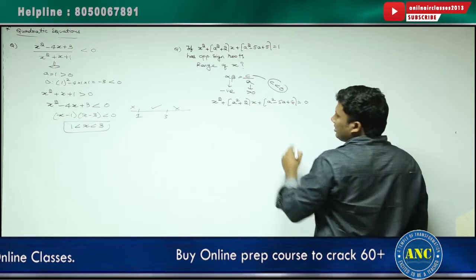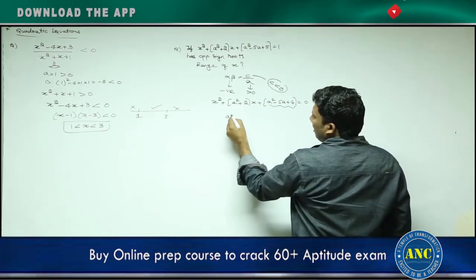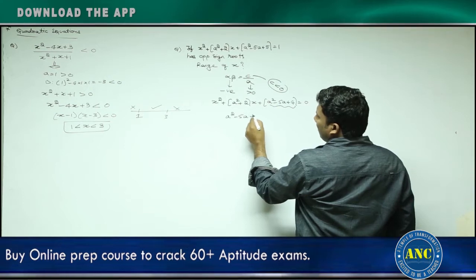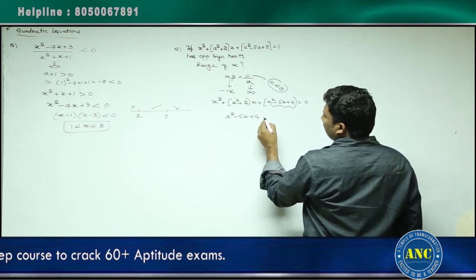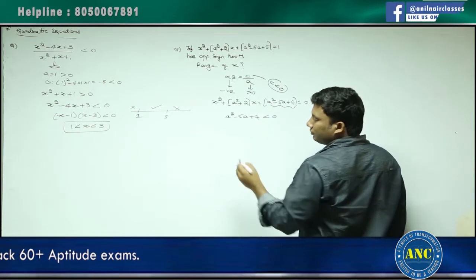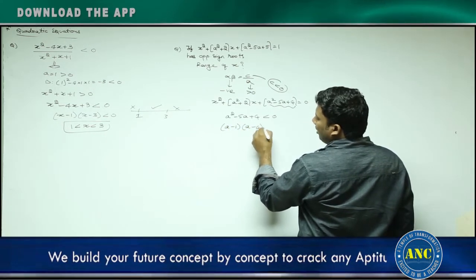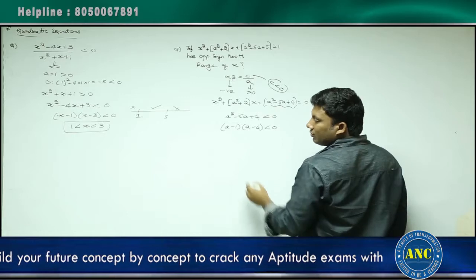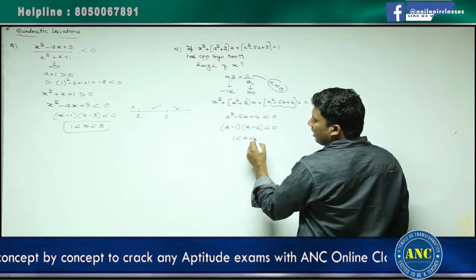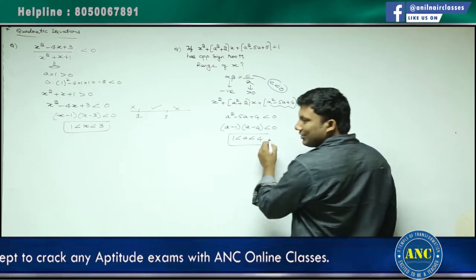C less than 0 means a square minus 5a plus 4 less than 0. A minus 1, a minus 4 less than 0. Less than means it lies between the points. Understood the idea, right?